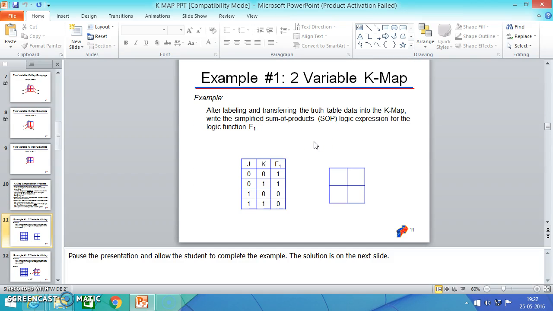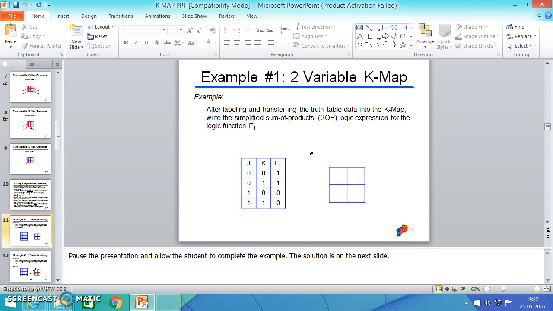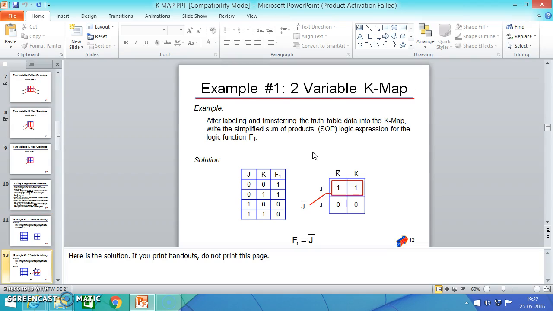So for 2 variable K-maps, we use sum of products. Example is here. We will consider this example. This is the truth table. J and K are inputs and F1 is output.